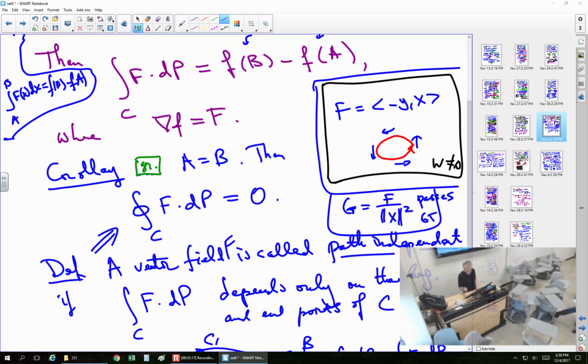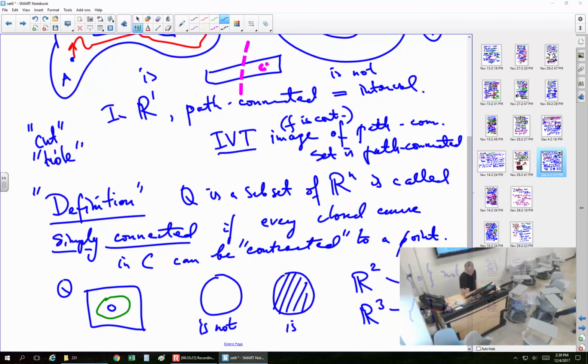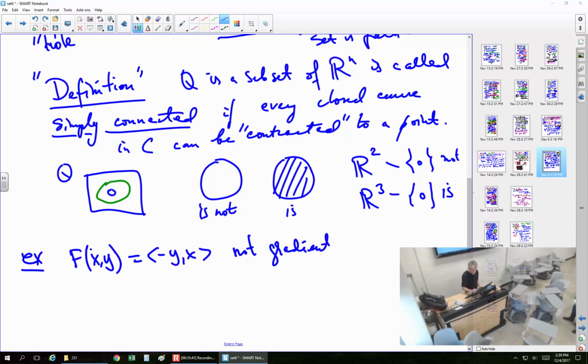Okay, so once again, the example of f of x y equals negative y, x. First of all, it is not gradient. We showed that a while ago. And it fails the gradient test.